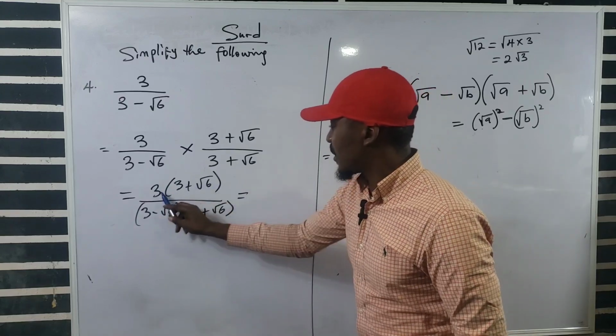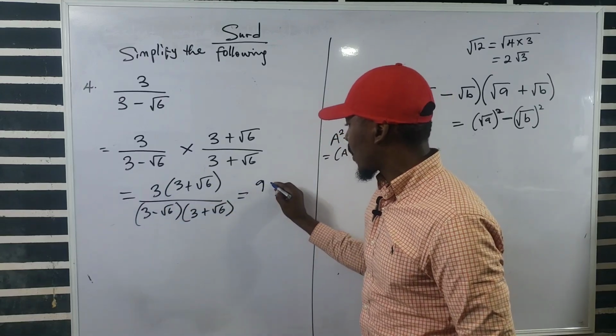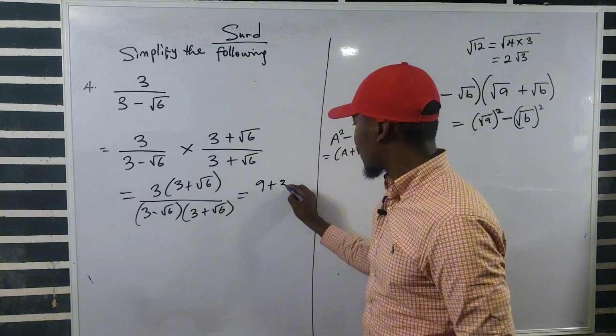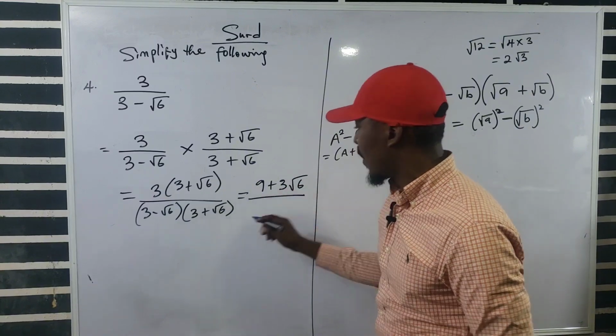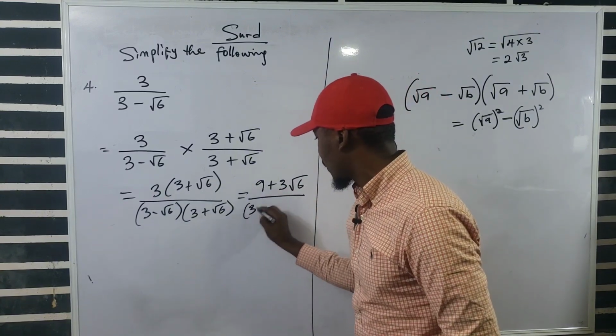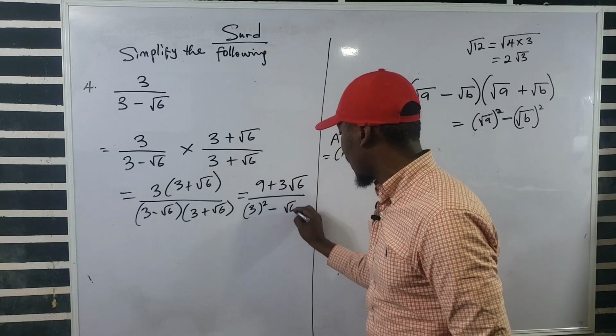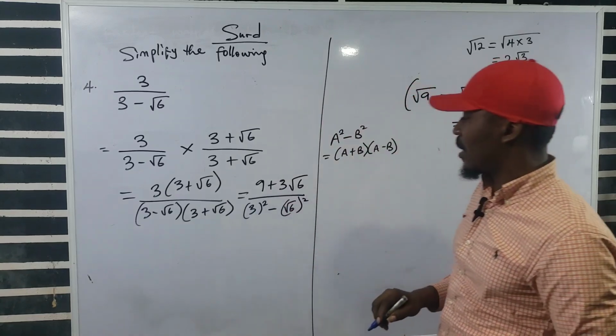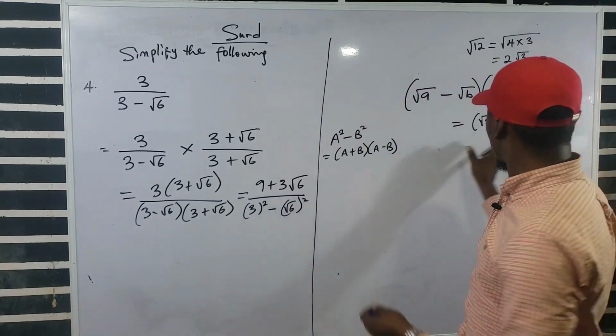Now let's open this bracket here. 3 times this will give us 9, plus 3 times surd 6 will give us 3 surd 6, all over 3 squared minus surd 6 squared. Okay, remember that's what we have here.